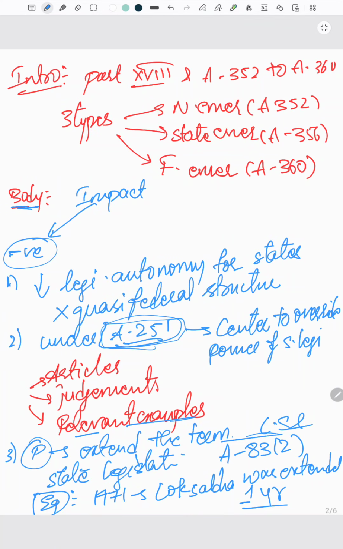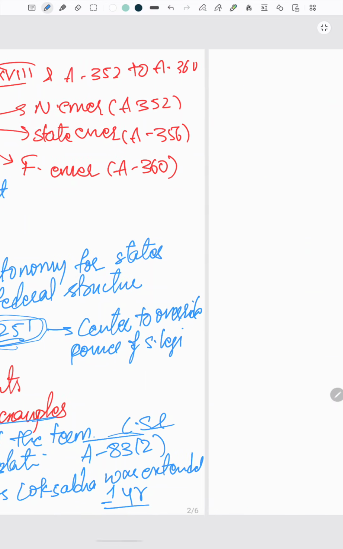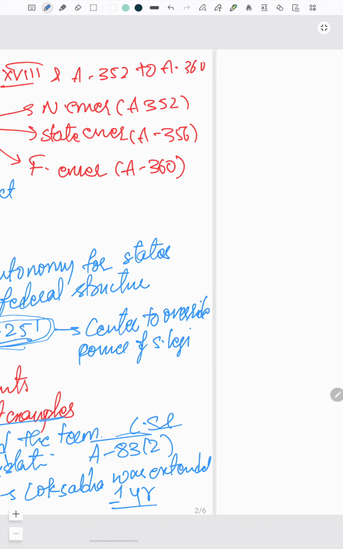Make sure that you highlight this as well, so the examiner can see it. As we know, we have to use as many articles as possible, as many judgments and relevant examples. So this is our third point. Next we'll have our fourth point.